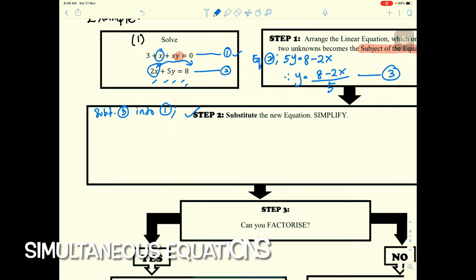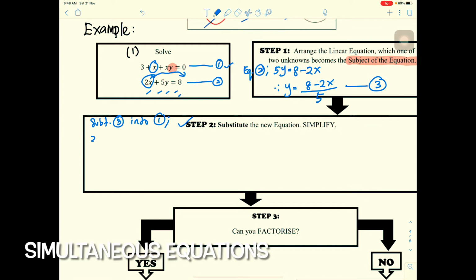Substitute the value of y, so 3 plus x times the new y, 8 minus 2x over 5, equals 0. And then what do we do? To simplify, multiply everything by 5, so 3 times 5.